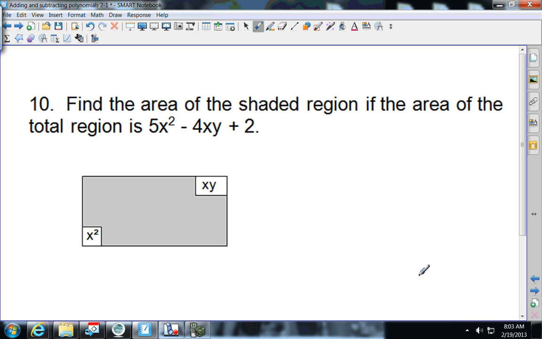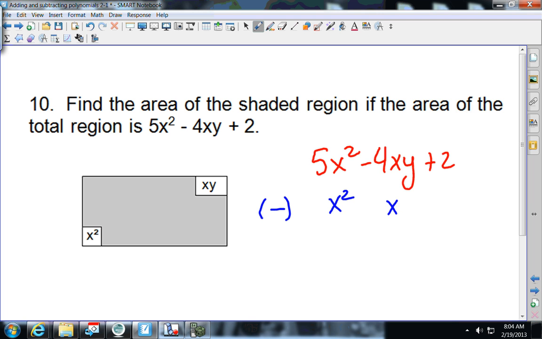Number 10, find the area of the shaded region if the area of the total region is 5x squared minus 4xy plus 2. So all you're going to do is take the total area, 5x squared minus 4xy plus 2, and I'm going to subtract off the x squared and the xy.